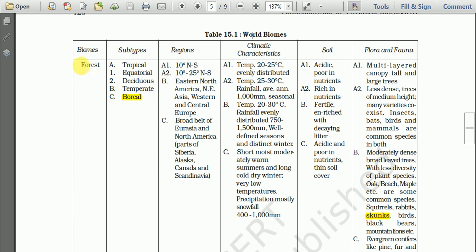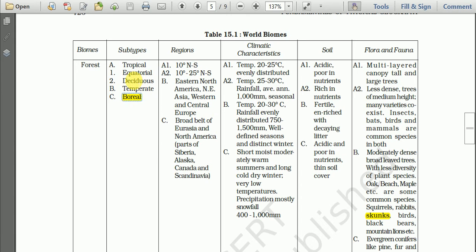First we have these forest biomes, and they have these subtypes. Subtypes of forest biome: A, tropical forest biome; B, temperate forest biome; and C, boreal forest biome.